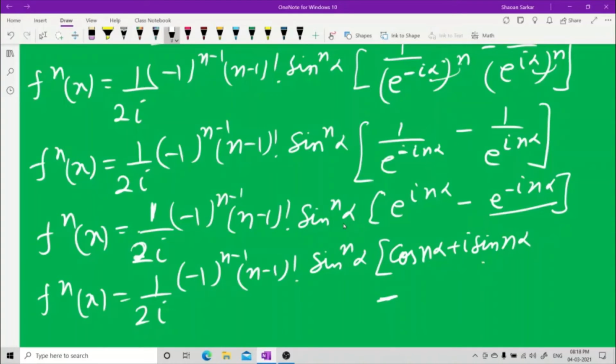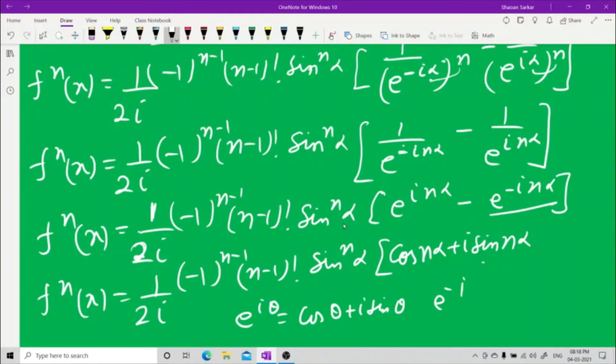Why am I writing this way? I should write it directly because I know that e^(i theta) is, by Euler's theorem, cos theta plus i sin theta, right?